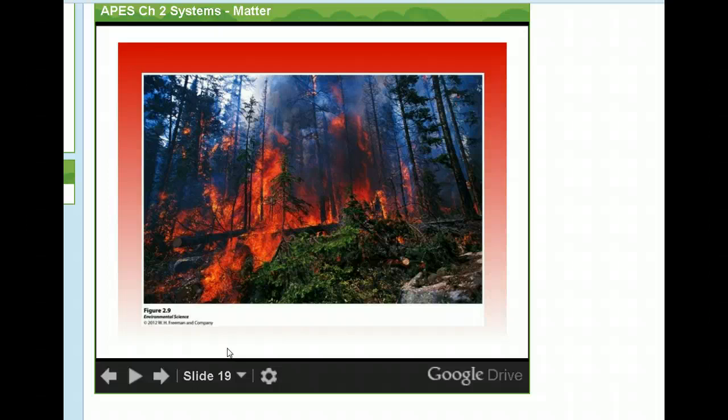There might be some nitrogen compounds inside those trees. All those would become oxidized. They have oxygen attached to them, and they would become gases and fly away, and there would be some ash and debris left over. So you're not losing any of the molecules inside there. You're just changing them into different forms. That's conservation of mass.